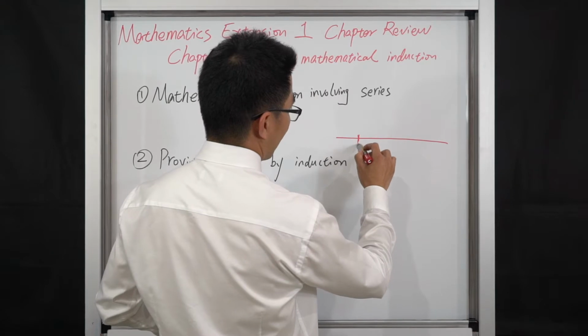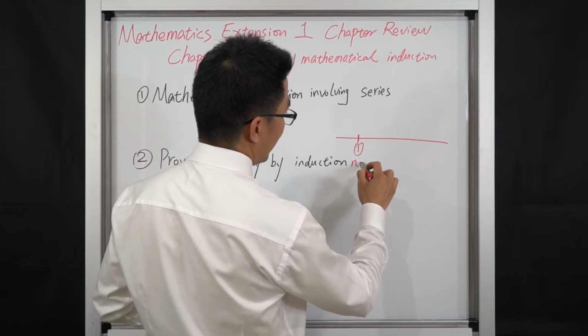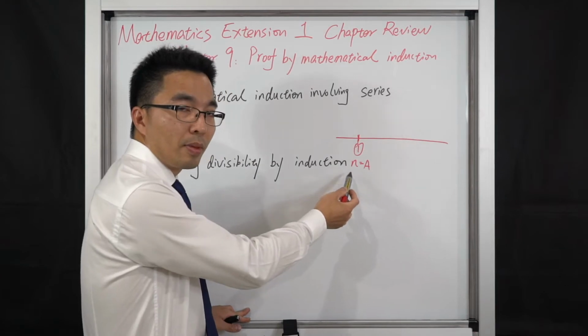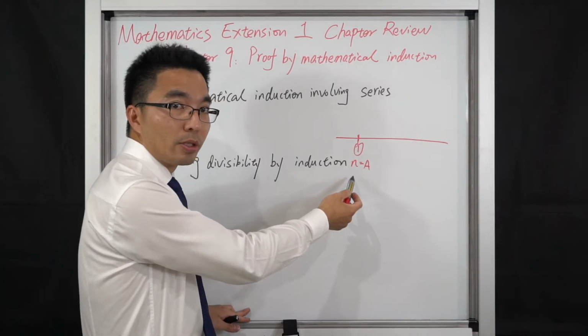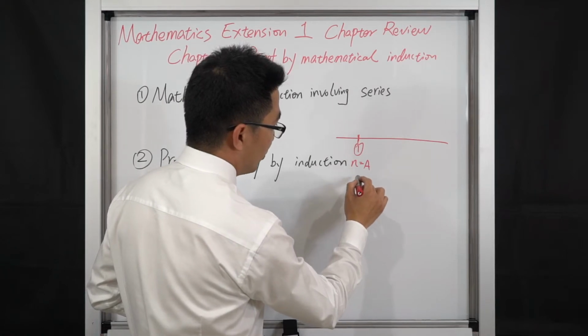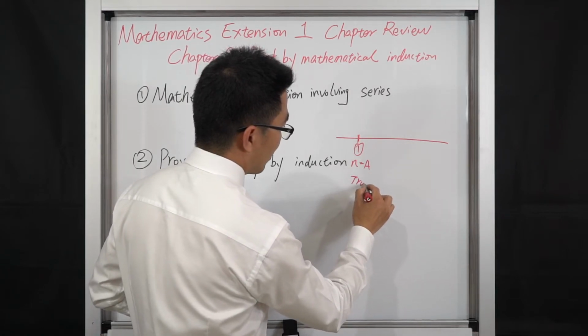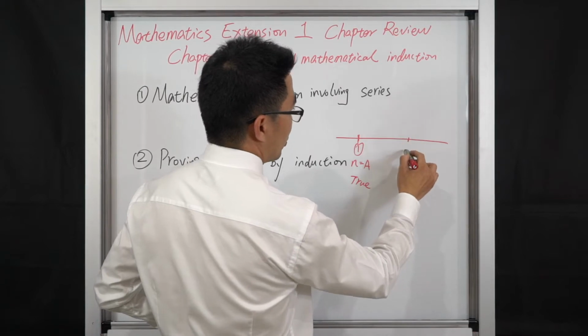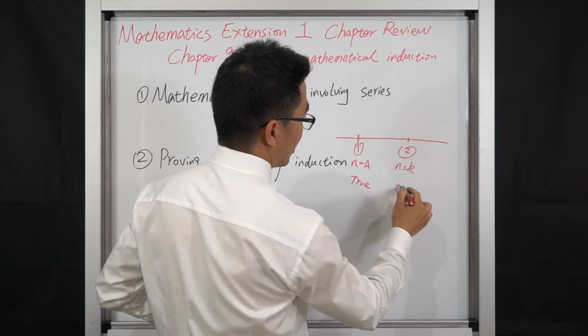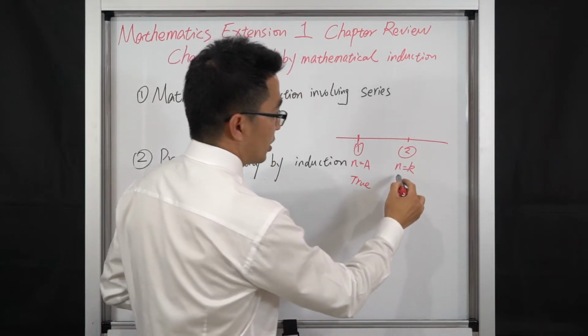Here's the first step, when n equal to a number. Usually this number will be based on the condition. Usually we choose the smallest number. When this one, we have to prove the statement is true. Then we assume n equal to k, the statement is true. So here is the assumption.